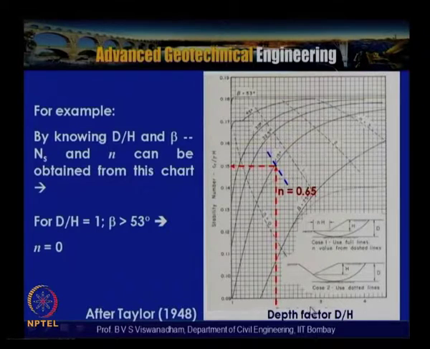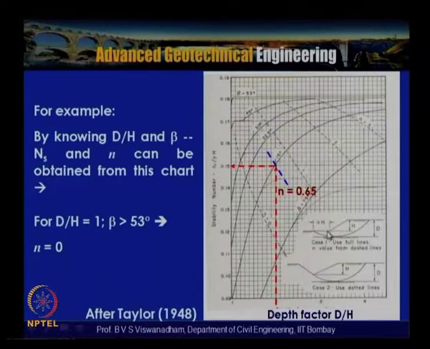For depth factor d by h equal to 1 and beta greater than 53 degrees, n is equal to 0. This n value 0 indicates that the failure surface passes through the toe of the slope.